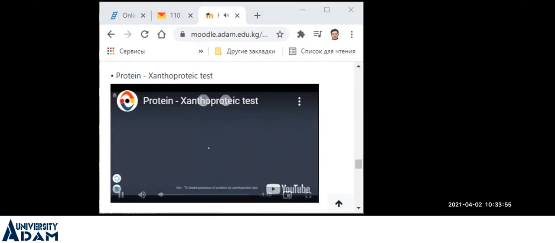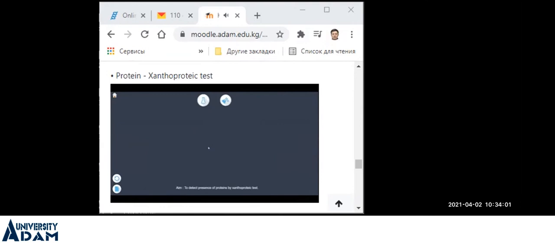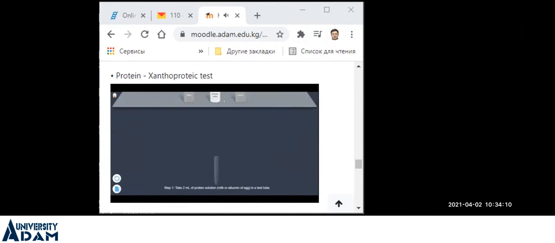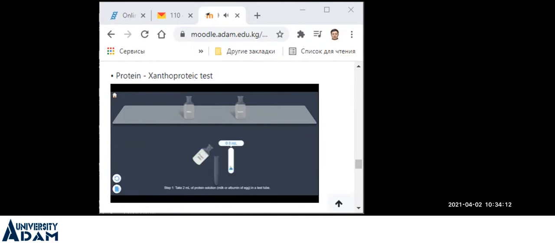Aim: to detect presence of proteins by xanthoproteic test. Take 2 ml of protein solution, that is, milk or albumin of egg in a test tube. Add 1 ml of concentrated HNO3 solution. A white precipitate is formed.